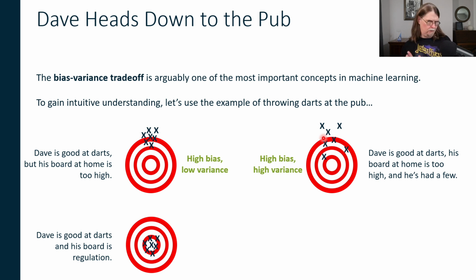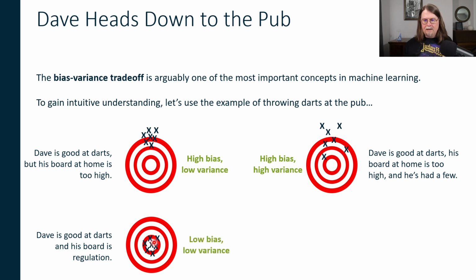And then I'll actually go out to the pub league. So let's say that I do that. So I go back home, I fix my dartboard, make sure it's the regulation height, and I practice, and I get this situation, which is what you would expect, right? If I practice a lot against a regulation dartboard, once I actually get back into the pub leagues, I should be pretty good. That's the whole point of practicing. So my darts are all close to the bullseye, and they're tightly packed, right?